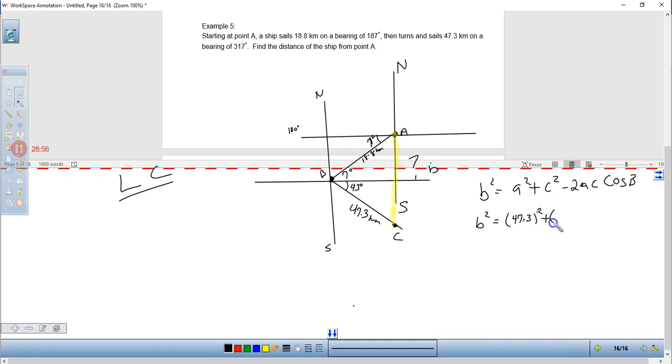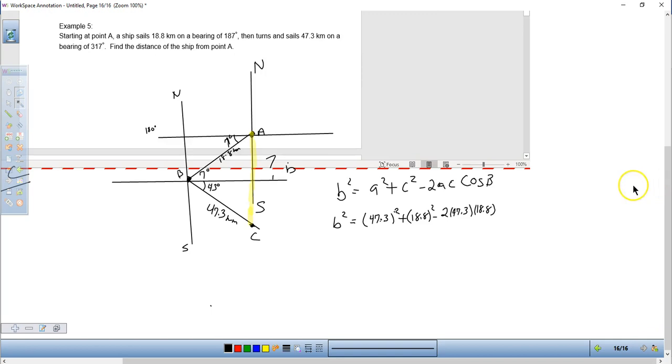C I know is 18.8. So fill them in again: 47.3, 18.8, cosine of 50 degrees. This is very important. This 50 comes from this entire angle, 7 and 43.